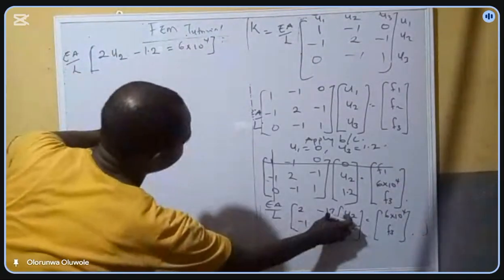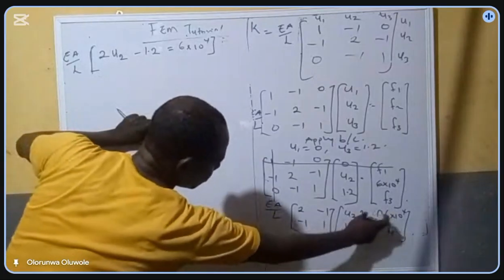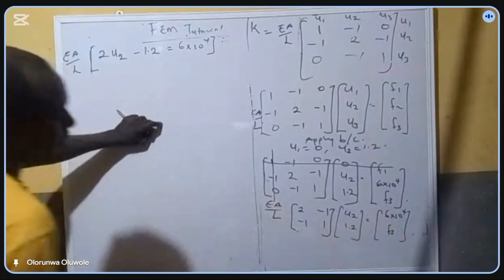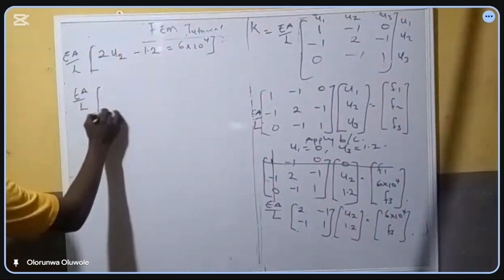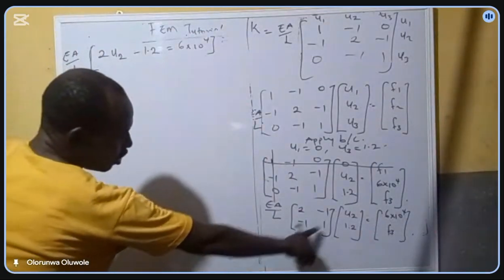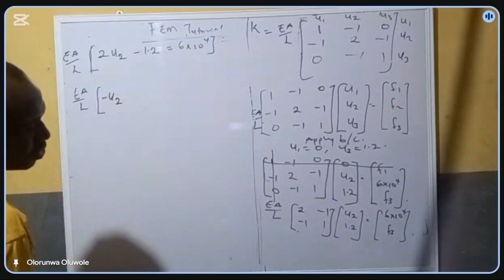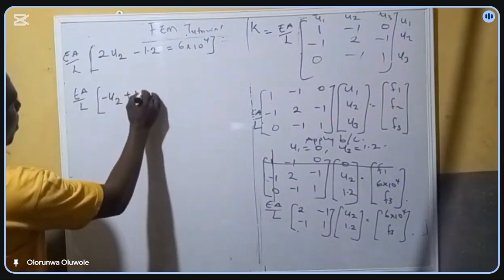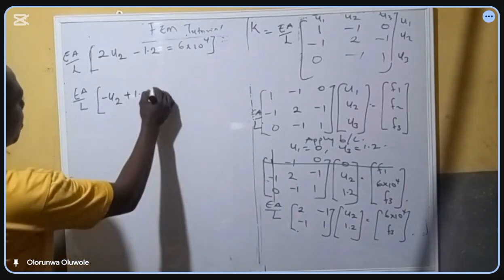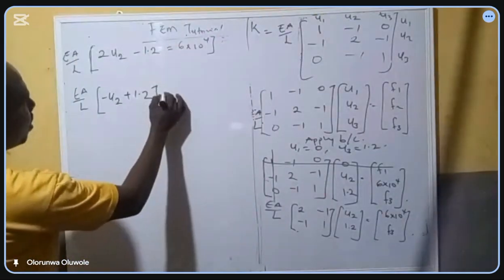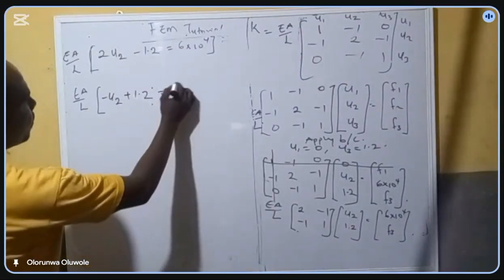Then the second one, E over L times minus U2 plus 1.2, equals F3.